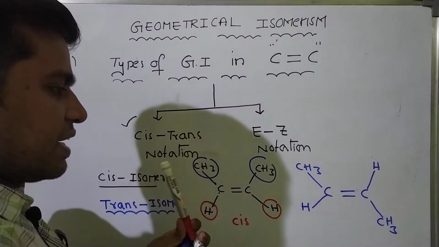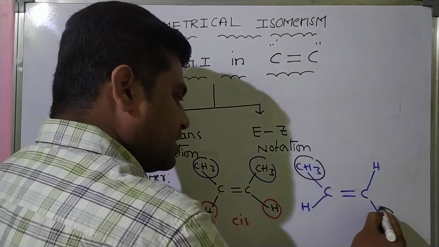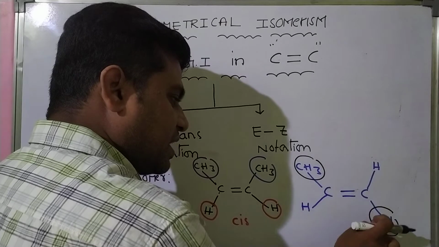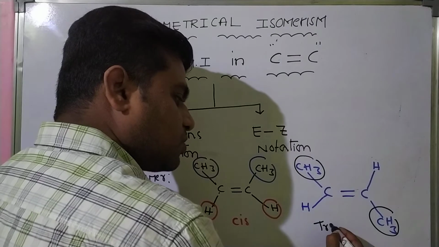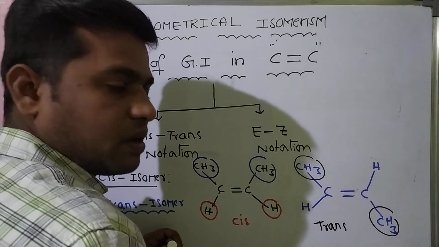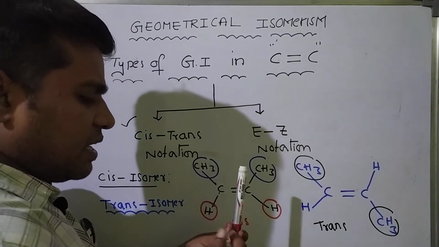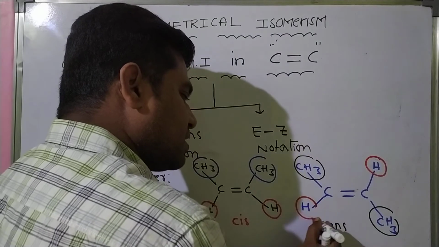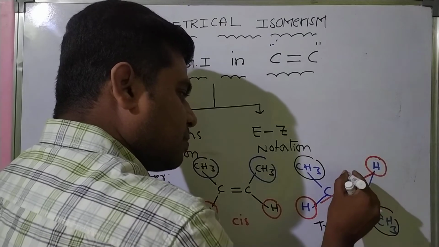Now by careful observation, we find that this methyl group and this methyl group, the same groups, are present exactly on the opposite side with respect to this carbon-carbon double bond. So this compound is called trans isomer, trans geometrical isomer. Similarly, these two hydrogen atoms are on the opposite side.